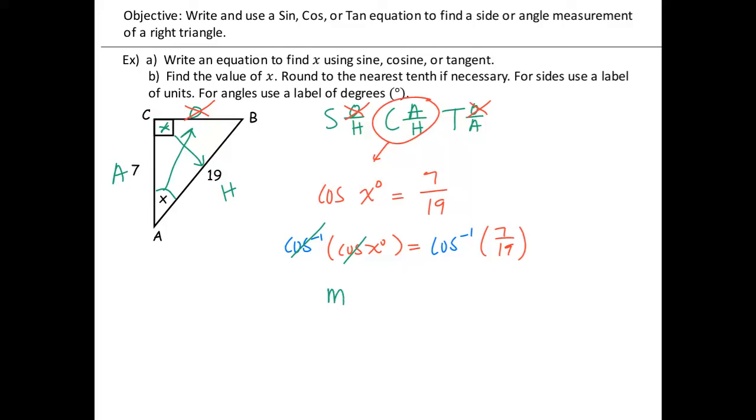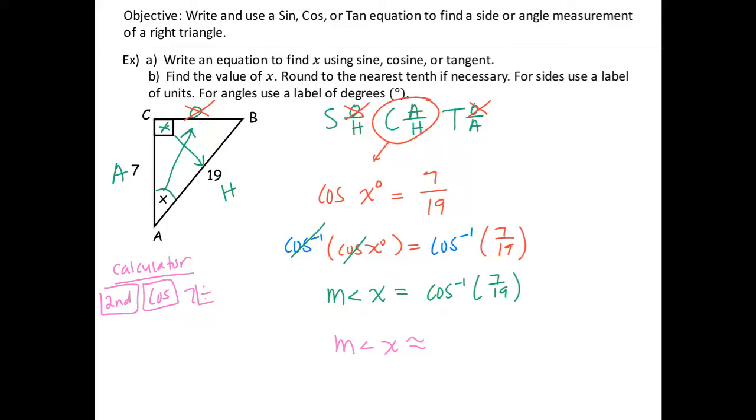We're left with the measure of angle x is equal to the cosine inverse of 7 over 19. You're going to plug that into the calculator and find your answer to the nearest tenth. So on the calculator, we're going to go second cosine this time, and then 7 divided by 19, close the parenthesis, press equals.